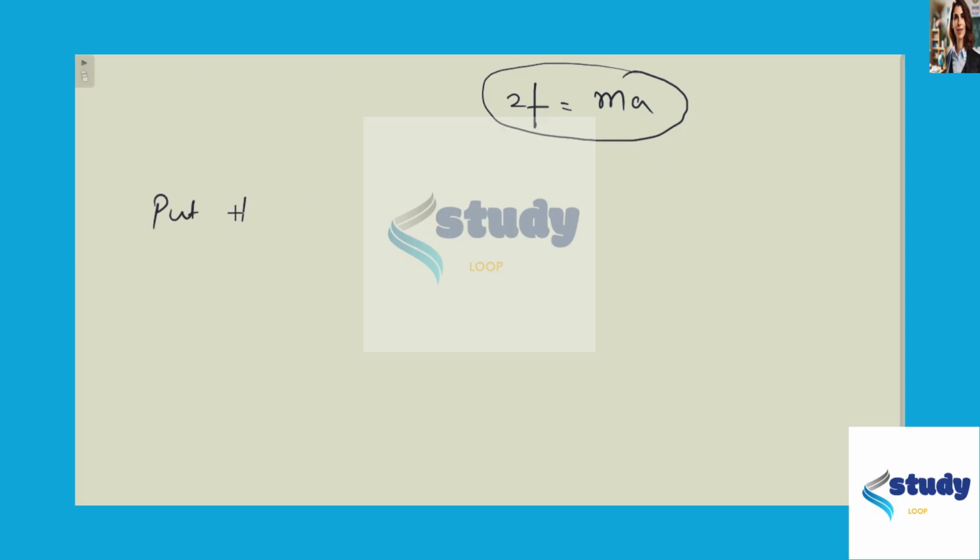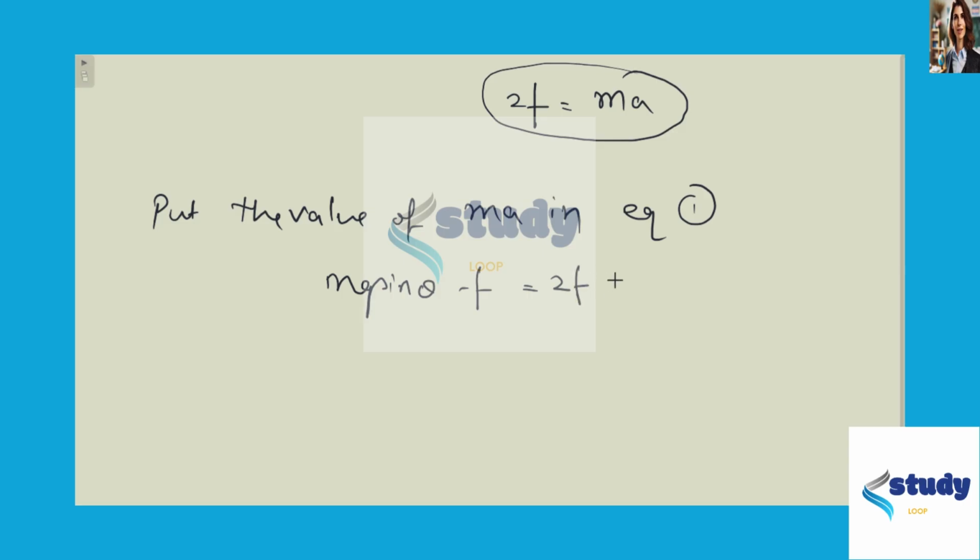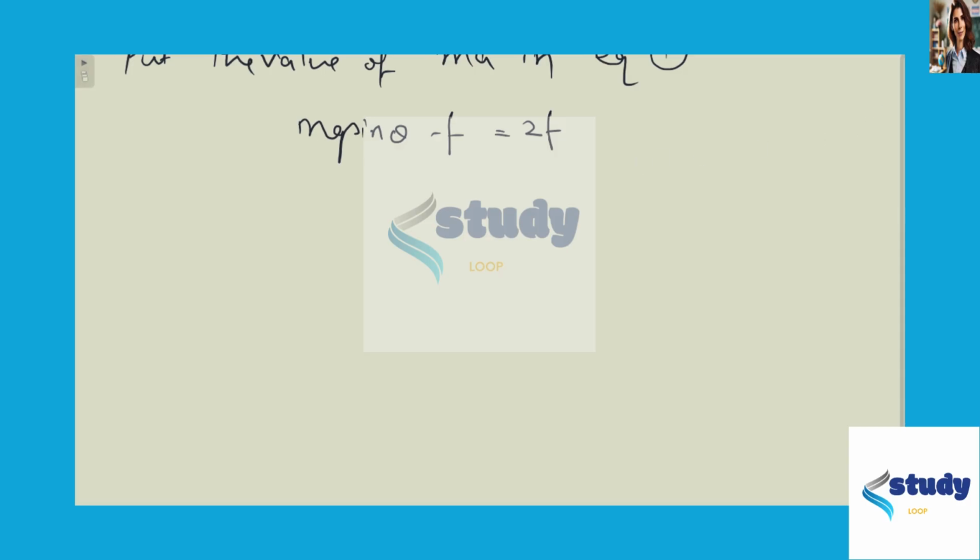So mg sin theta minus F is equal to 2 times F, or we can say 3F is equal to mg sin theta, or F should be equal to mg sin theta by 3.